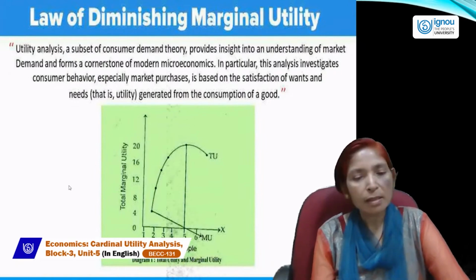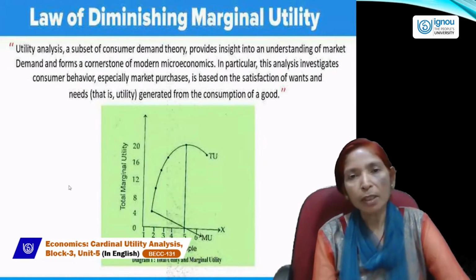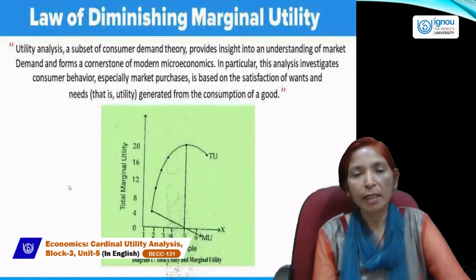And you know that in this diagram, the marginal utility curve is always a downward sloping curve. Marginal utility can be 0, can be negative, and its slope is always negative or downward, because marginal utility always diminishes with the increase in total utility.